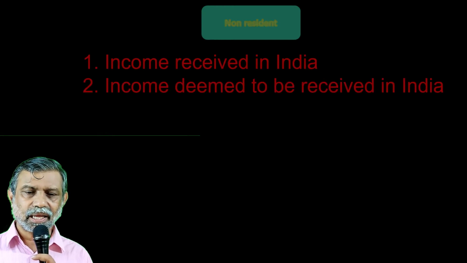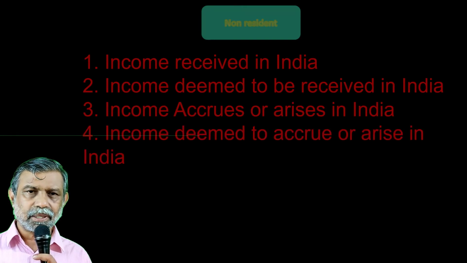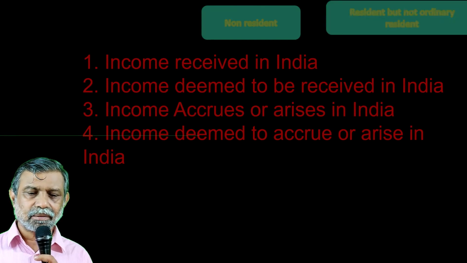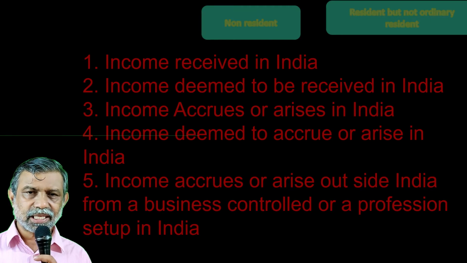Clear? Once again, if you are a non-resident: income received in India, income deemed to be received in India, income accrues or arises in India, income deemed to accrue or arise in India. If you are a resident but not ordinarily resident, one more income comes, the fifth one: income accrues or arises outside India from a business controlled or a profession set up in India.